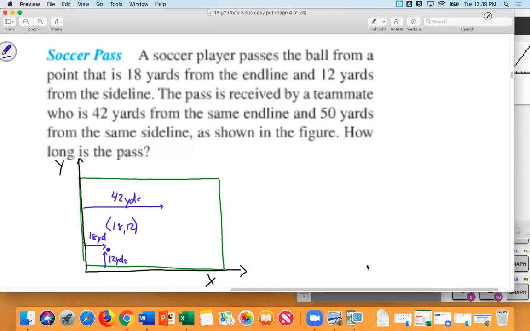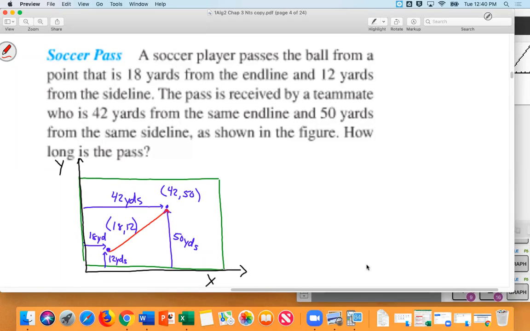They're 42 yards, and 50 yards here. So we got the point 42, 50, and I'm looking for that distance.